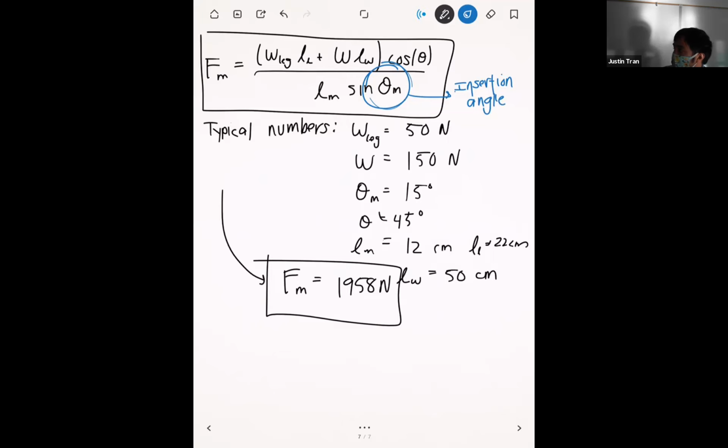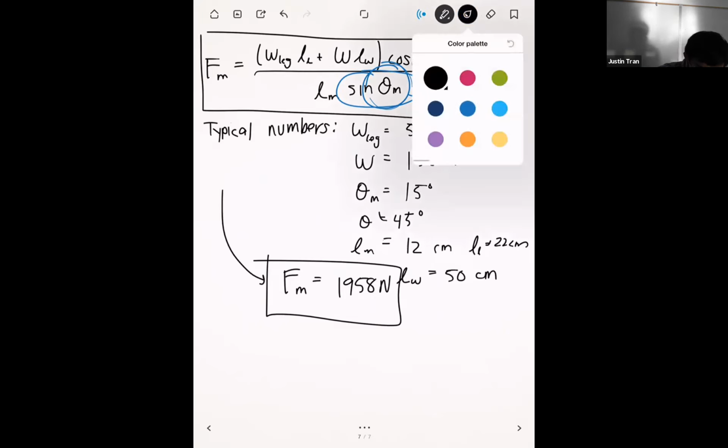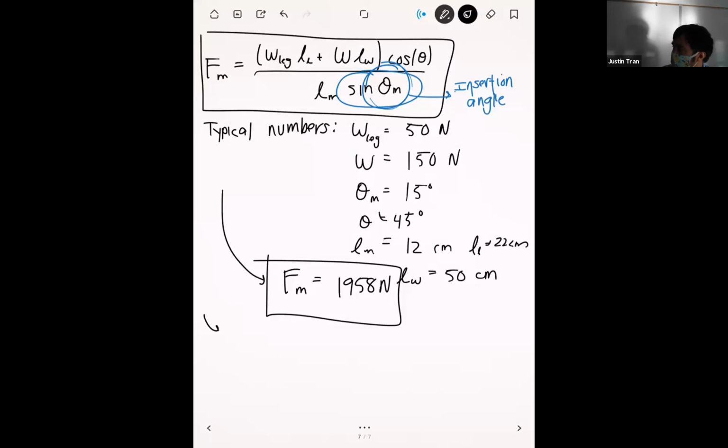The fact that we have this quantity in the denominator with a sine term no less means that our value for FM is going to depend really strongly on the attachment angle. We talked about this a little bit with upper extremity, but I want to touch on it again here because it's important, and because there's something unique about the knee that affects this attachment angle quite a bit.